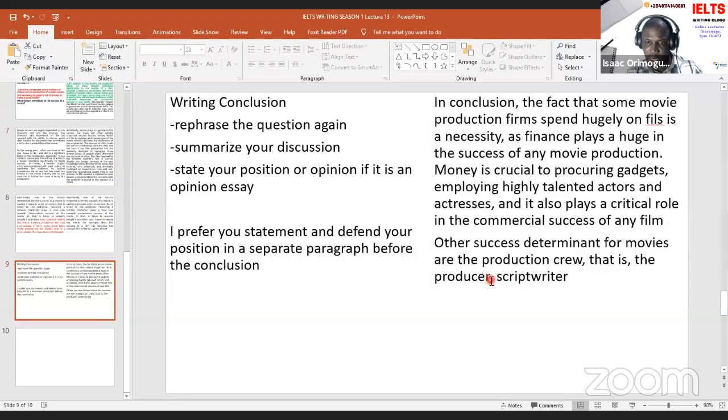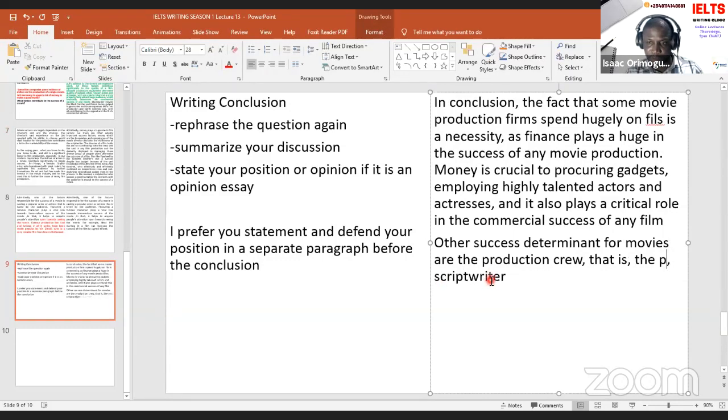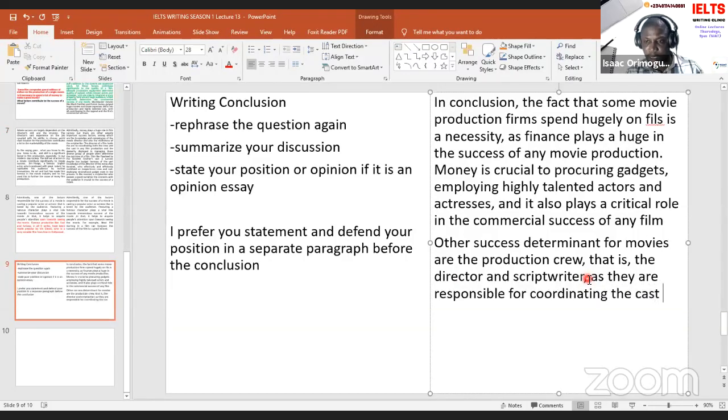Okay, so that is the director and script writer, as they are responsible for coordinating the cast and ensuring a good storyline that captivates the audience.